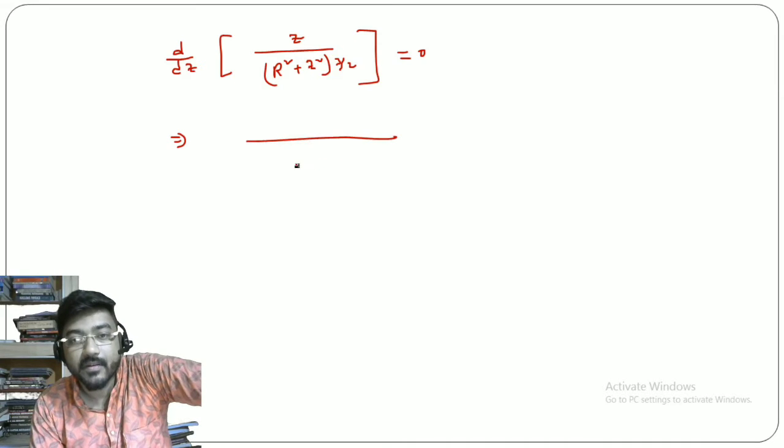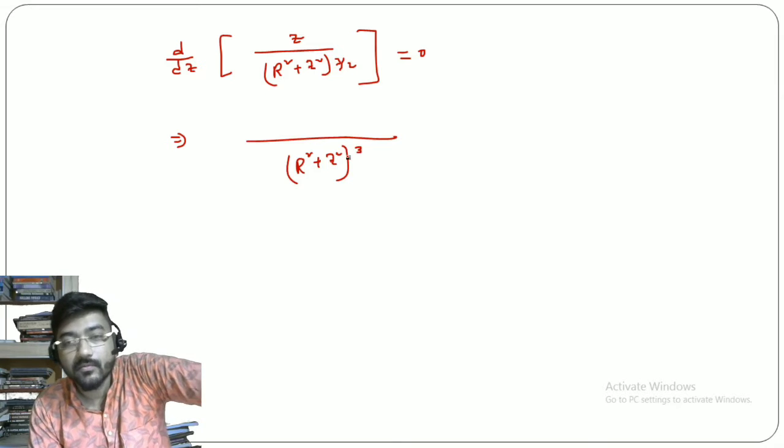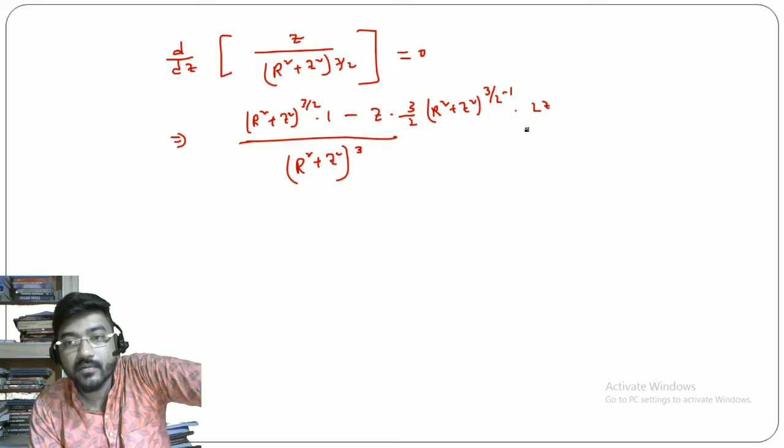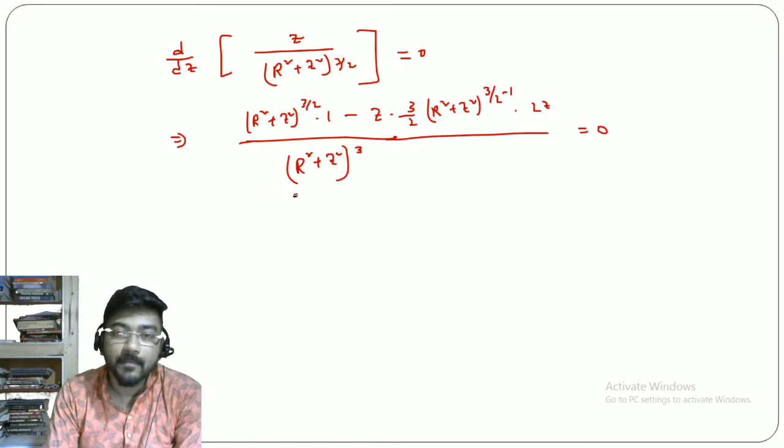This will be r square plus z square whole cube, and then we have r square plus z square to the power 3 by 2, and differentiation of z is just 1, minus z into differentiation of this, and that will be 3 by 2 into r square plus z square to the power 3 by 2 minus 1, and differentiation of z square is 2z, and that will be equal to 0.